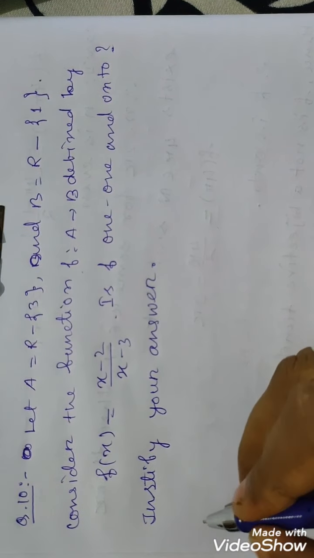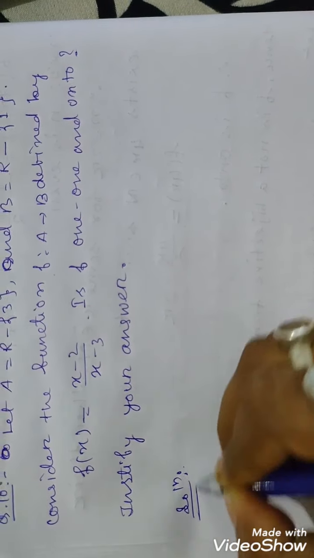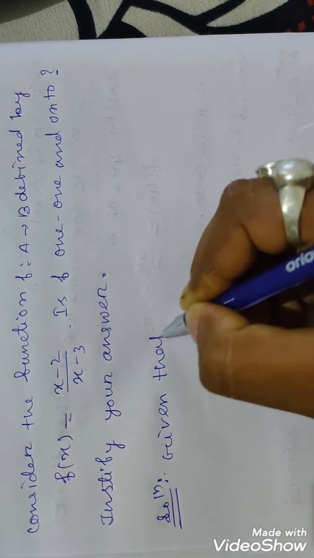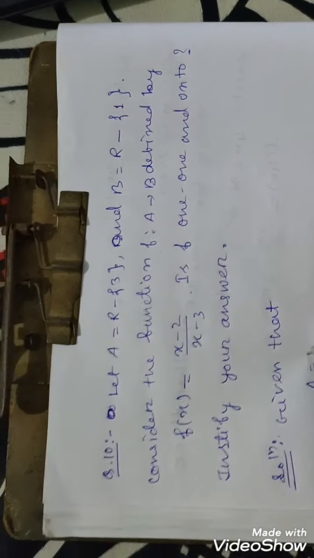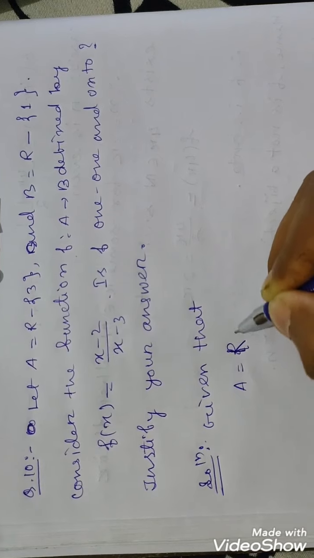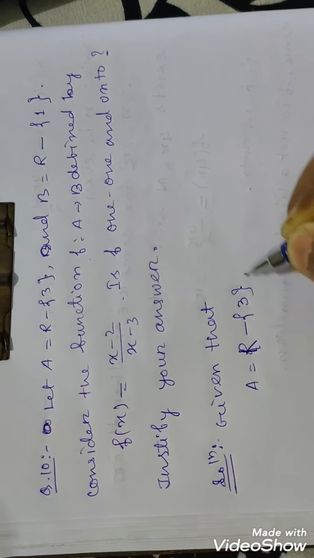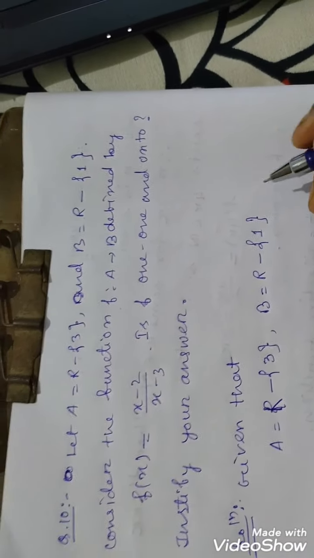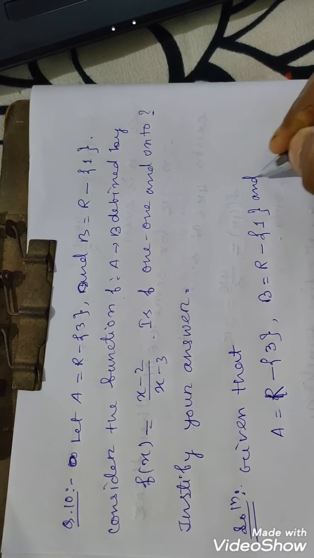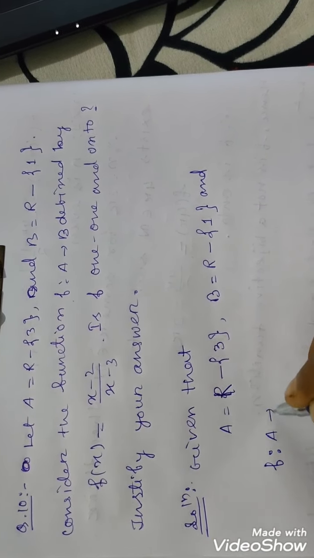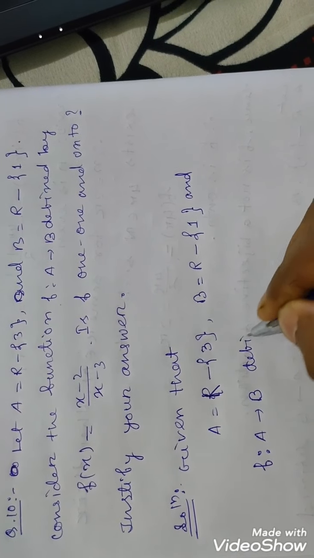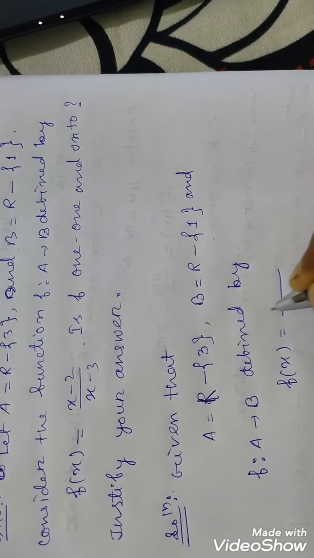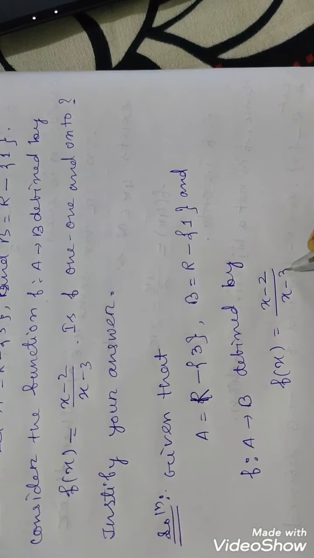Solution. Given that A is defined by R minus 3 and B is R minus 1, and f from A to B defined by f of x is equal to x minus 2 divided by x minus 3.